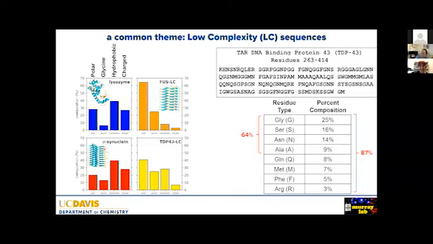If you compare that to alpha-synuclein, which you might think of as a purely pathogenic amyloid, you can see that it's got a relatively similar distribution of amino acids. But the low complexity domains, the sequences here on the right of these histograms, are highly enriched in polar and glycine amino acids. The fused in sarcoma protein has relatively few hydrophobic and charged amino acids, whereas the TDP-43 has slightly higher content of hydrophobic amino acids.